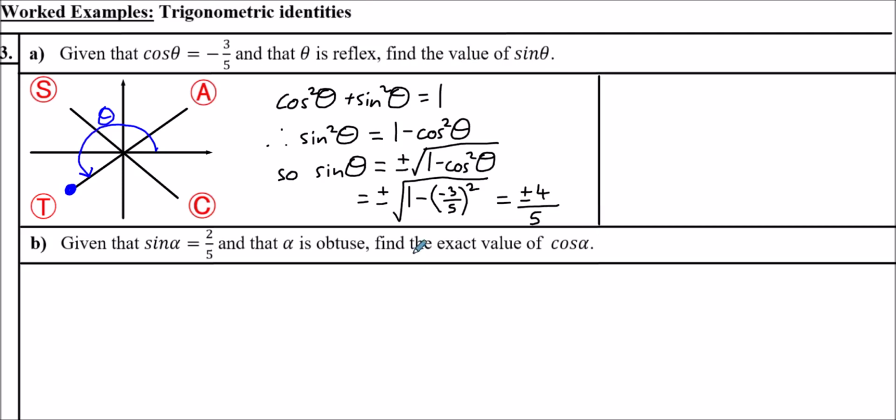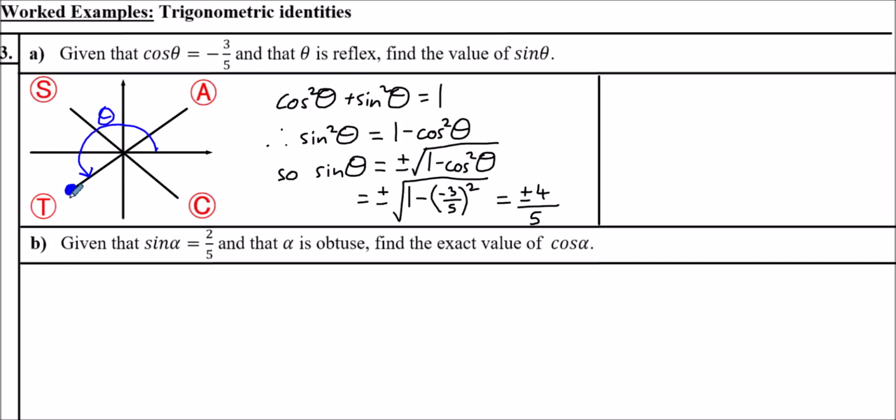Okay. So bear in mind, we were told that cos theta is negative and reflex. So it's in this region here, it's in the T quadrant of the CAST diagram. Now, because theta is in the T quadrant, that also tells us the value of the sine function.